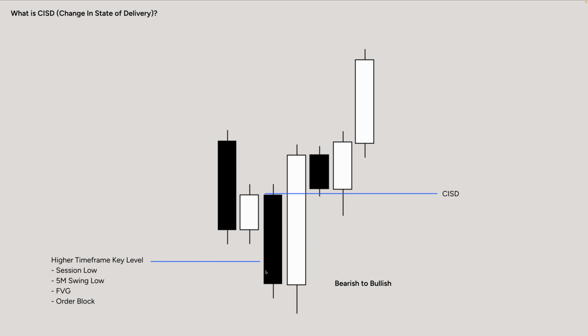Sometimes you'll get another bearish candle or another 2 bearish candles. That's okay. Then you still leave your CISD line down here, because as long as the next candles are of the same color, this will still be your first measurement candle. But in this case, the next candle already gives us our confirmation.